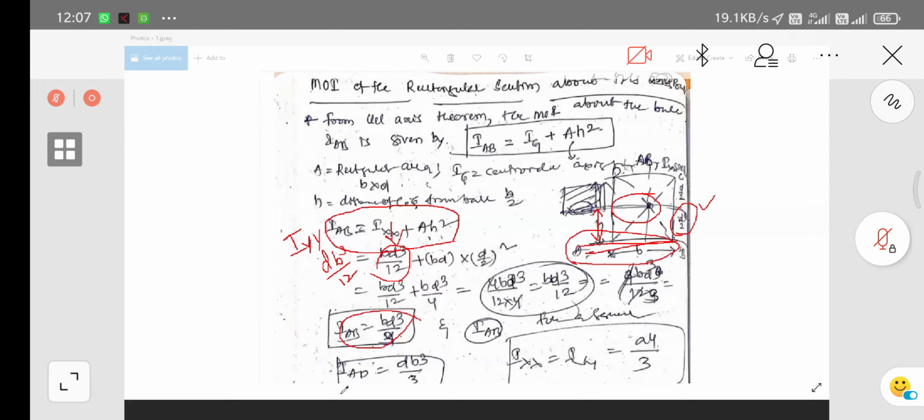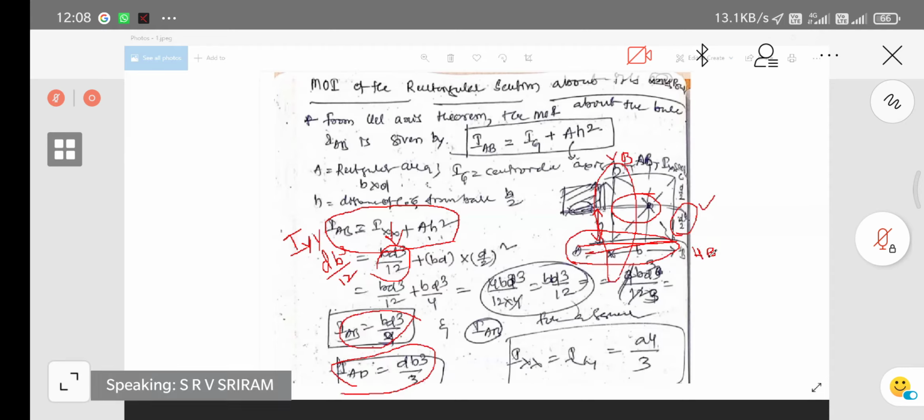Then db cube by 3 is about the vertical base, that is AD. This is the vertical base, and this is the horizontal base of a rectangle. For a rectangle we have majorly two kinds of moment of inertia: one about the base and one about the central axis.